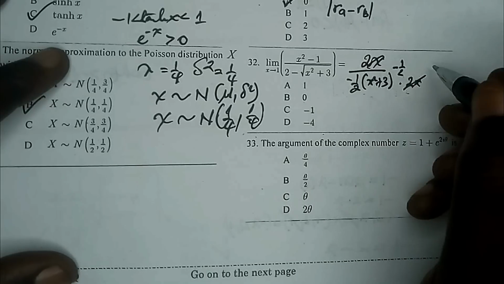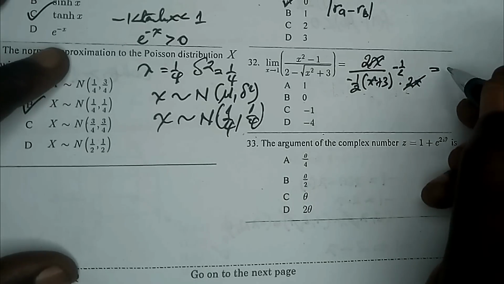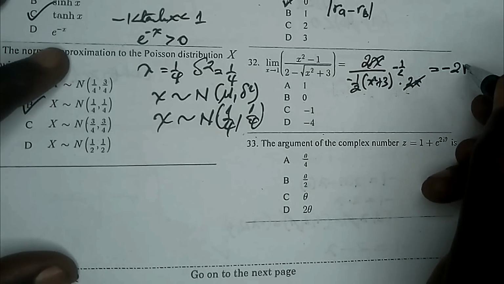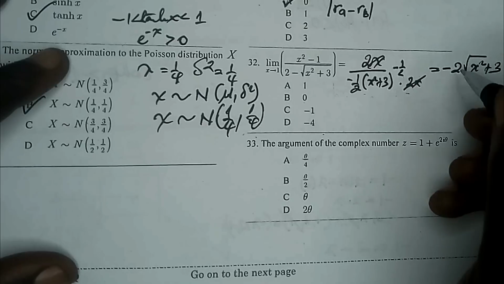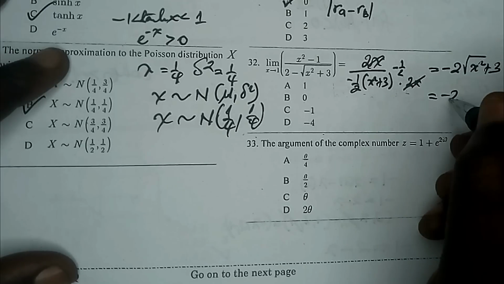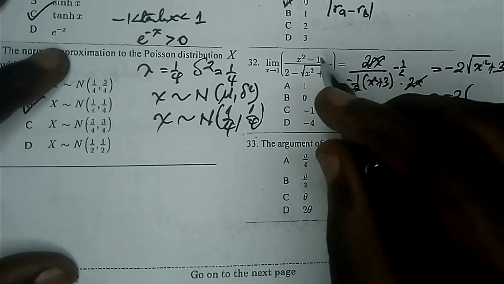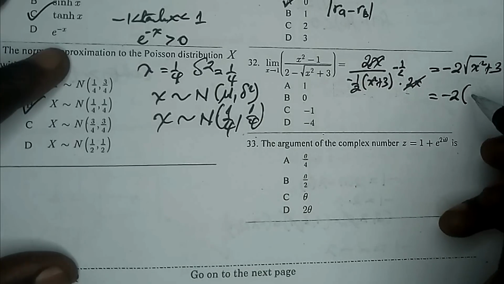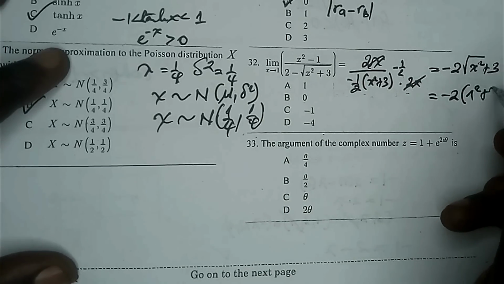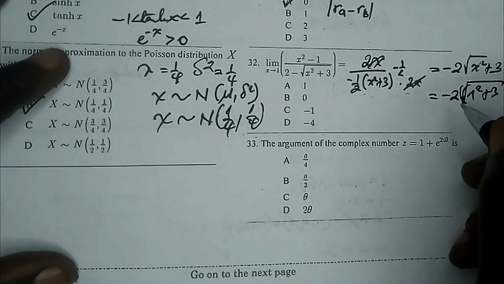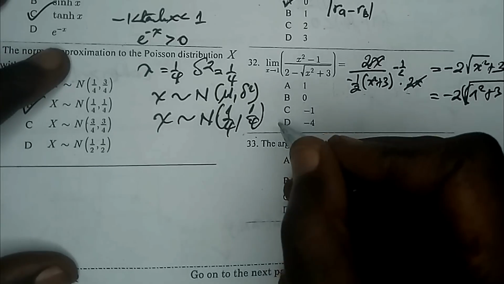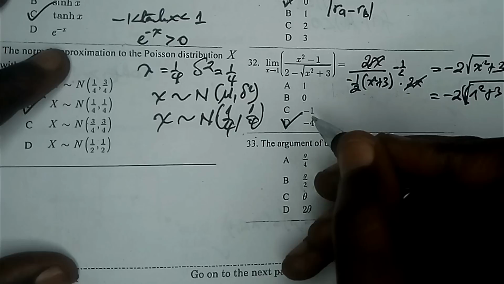This will cancel this, and then inverting the rest, you get negative 2 the root of x squared plus 3. So the limit of this one now will simply be negative 2 into the limit as x tends to 1. So I substitute 1 squared plus 3. The square root of that, square root of 4 is 2. Negative 2 times 2 is negative 4.